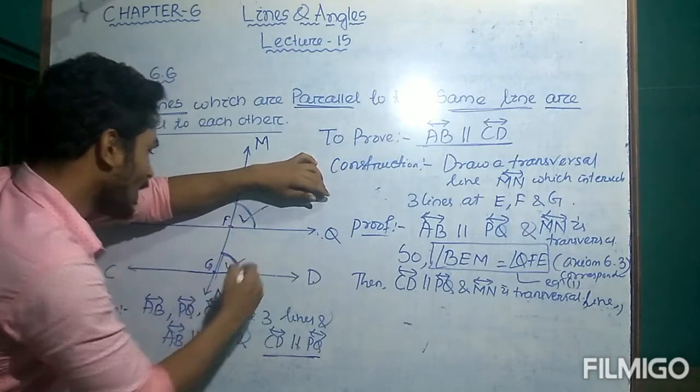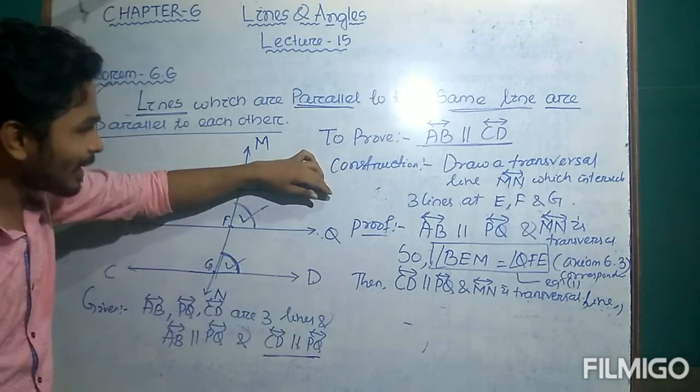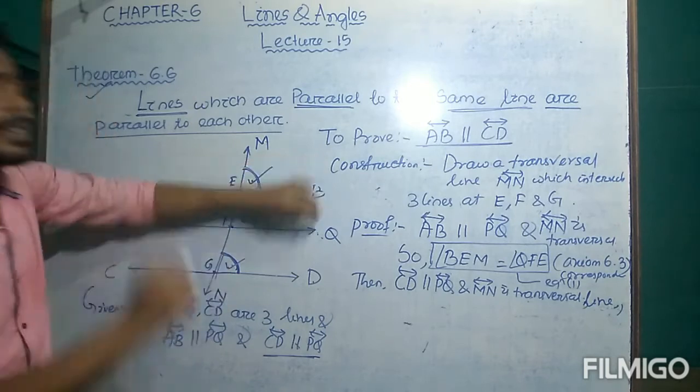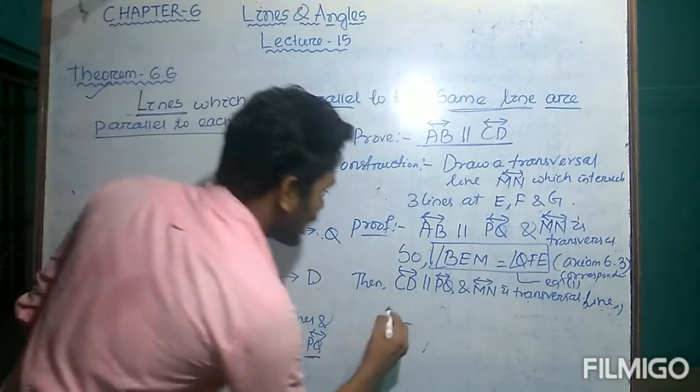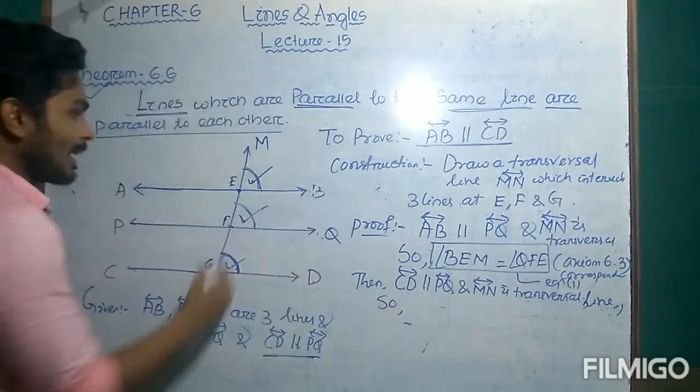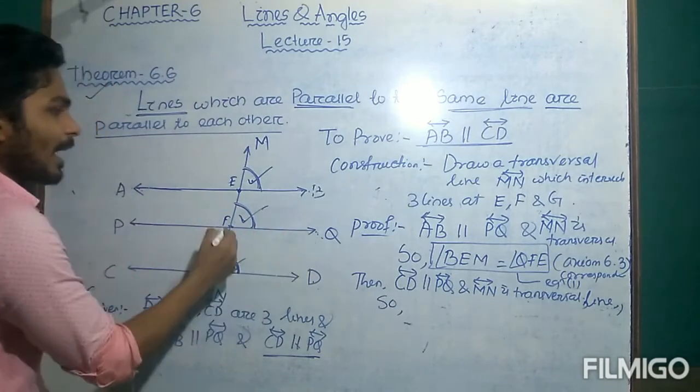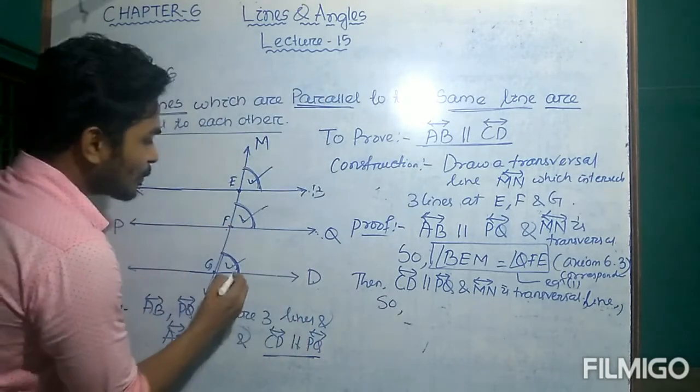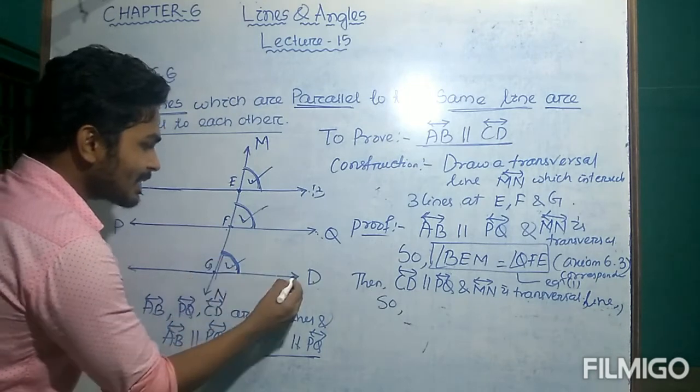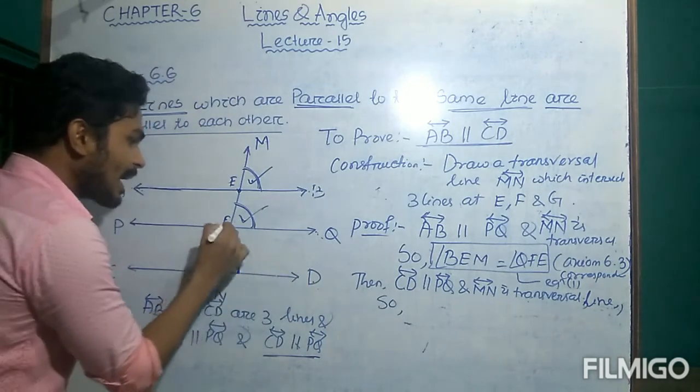Here these two are known as corresponding angles. So we can write this angle is equal to this angle. So this angle, QFE, is equal to which angle? This angle means DGF.